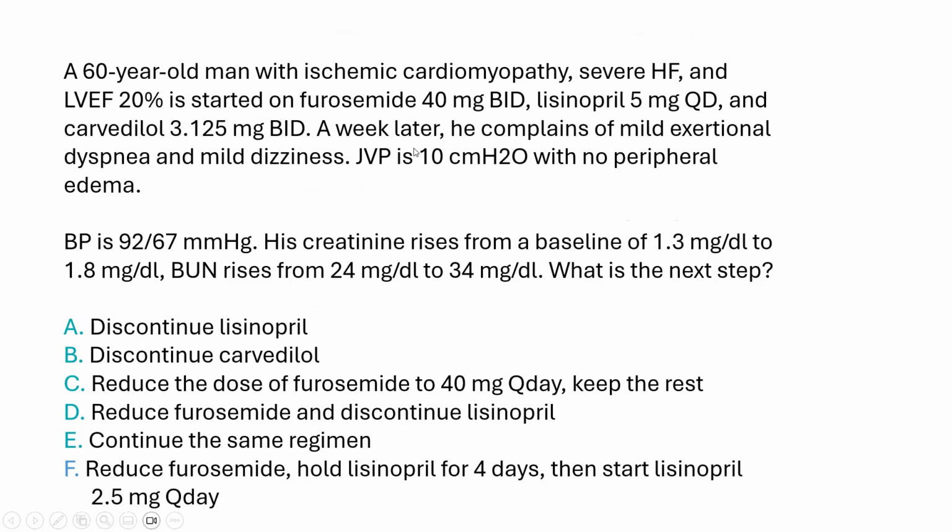Now, this patient's JVP is a little high, 10, 11 centimeters. Had it been normal, I would have considered reducing the dose of furosemide and keeping the same lisinopril or carvedilol. But his JVP is a little high, so I don't want to reduce the diuretic dose.